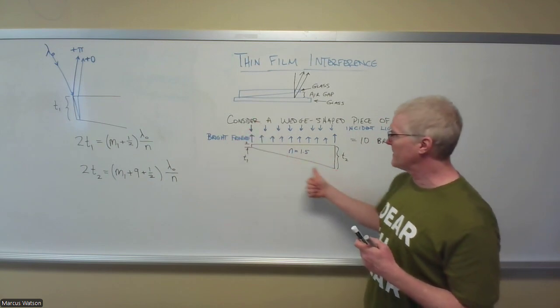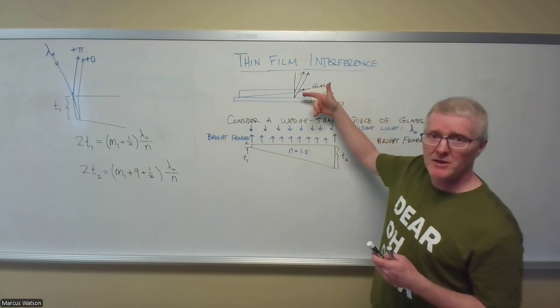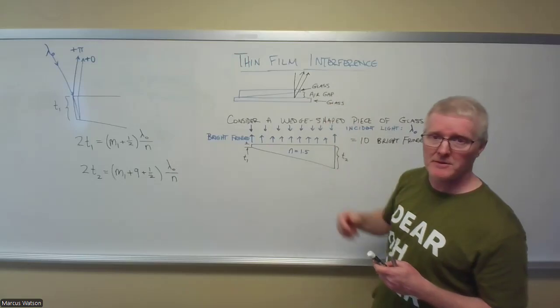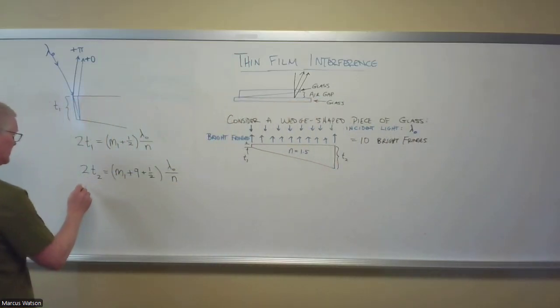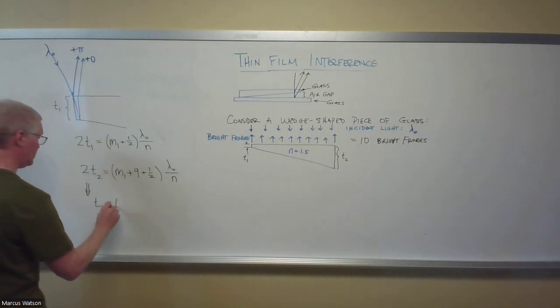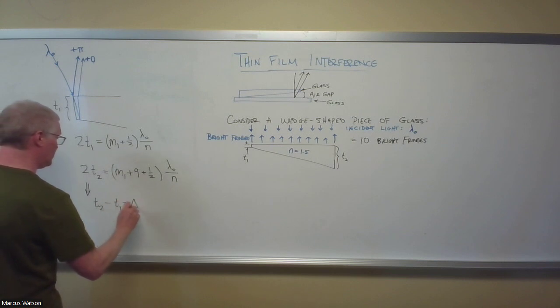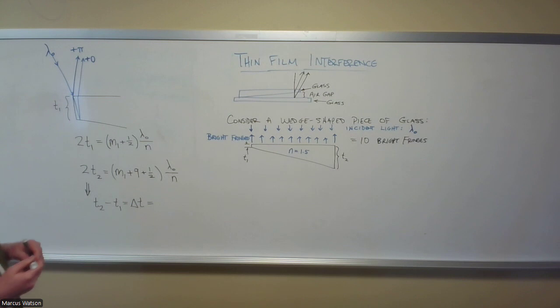That's going to be the change in the thickness of the material. And I could do exactly the same thing here if I was thinking about the air gap in the glass situation. So that's a delta in the thickness.